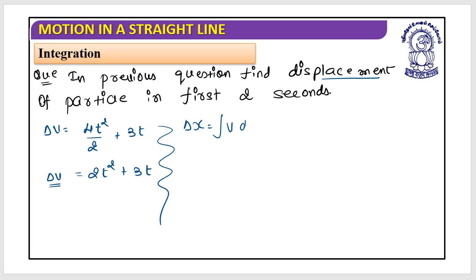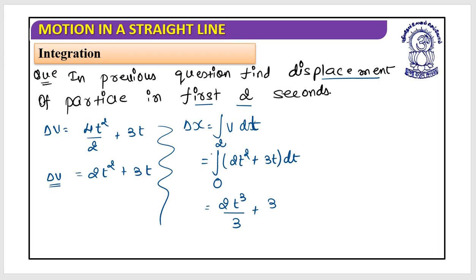Delta x should be equal to the integration of v into dt. That should be equal to the integration of 2t square plus 3t dt, in the first 2 seconds. So that should begin with 0 and end at 2. So that would be equal to 2 into t cube by 3 plus 3t square by 2, from 0 to 2 seconds.